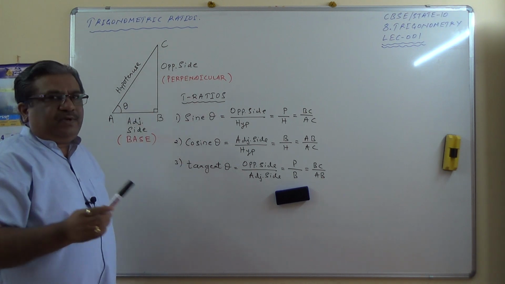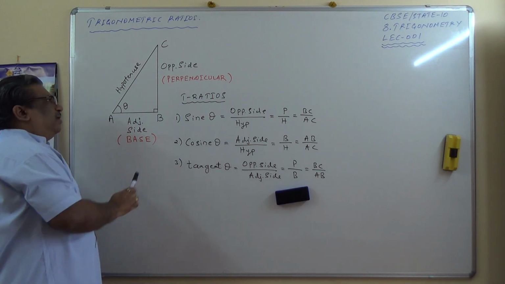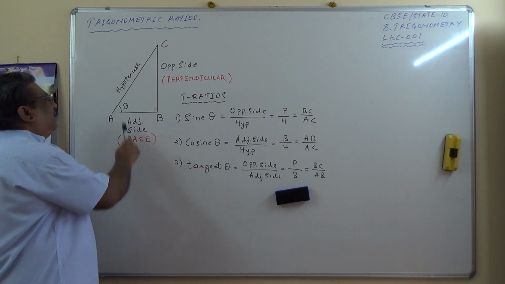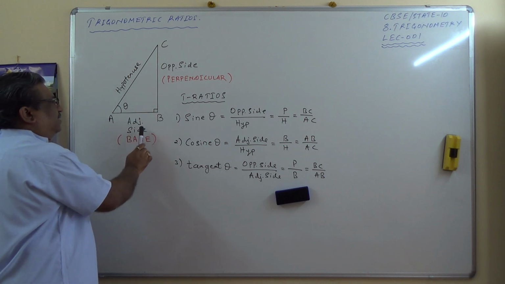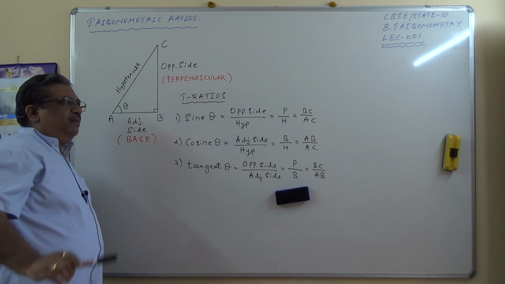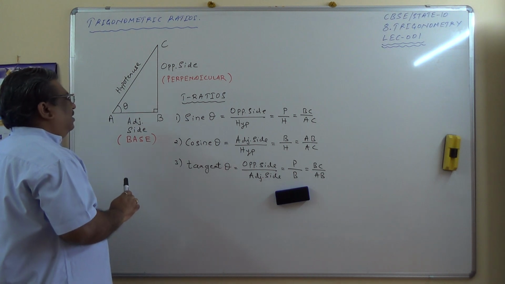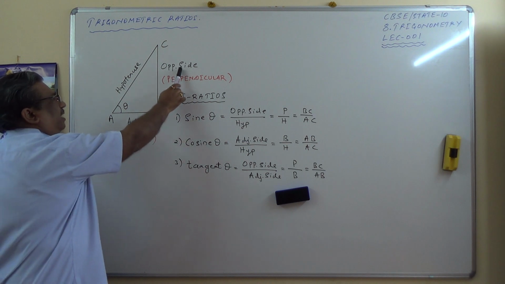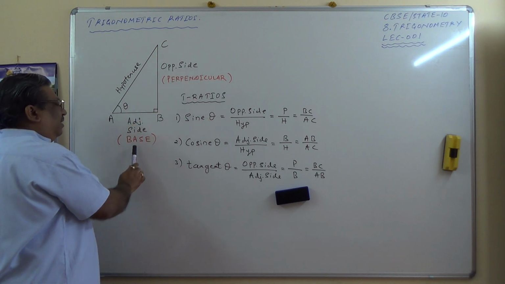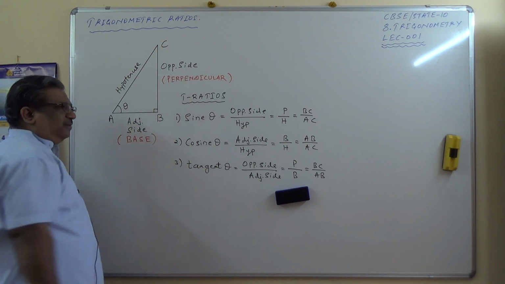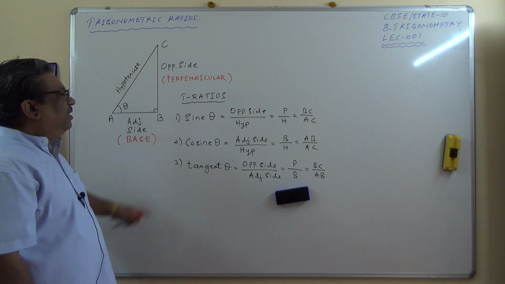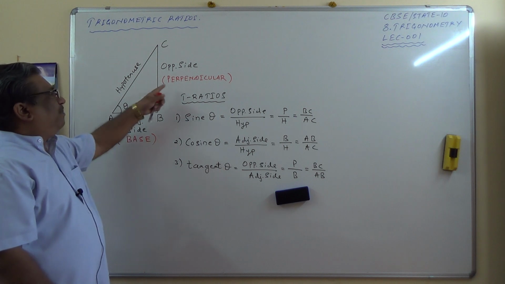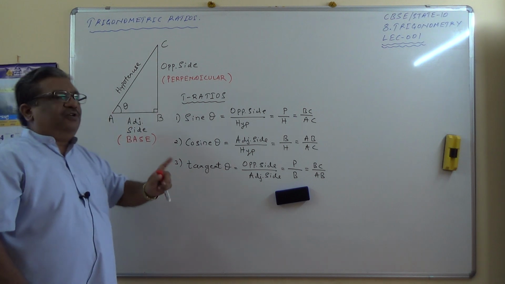According to your textbook, the terminologies used to define these T ratios are hypotenuse, adjacent side, and opposite side. But you must also know the alternate names for adjacent side and opposite side, respectively, as base and perpendicular. And therefore, you must also know these trigonometric ratios in terms of the base, perpendicular, and hypotenuse.